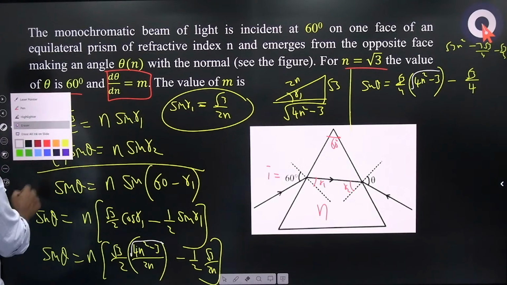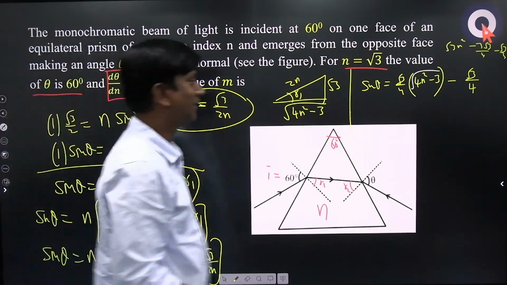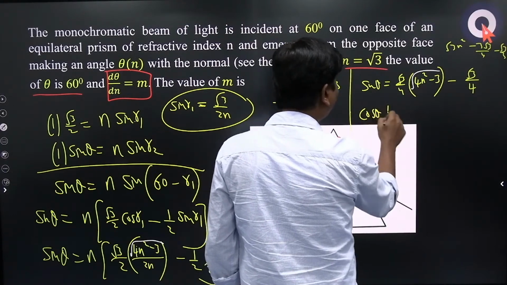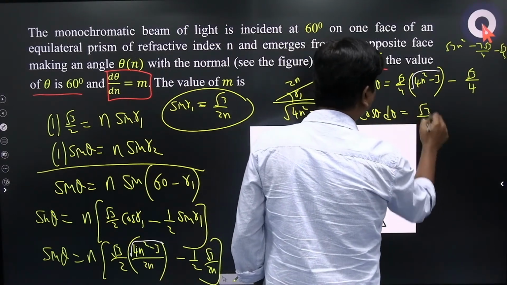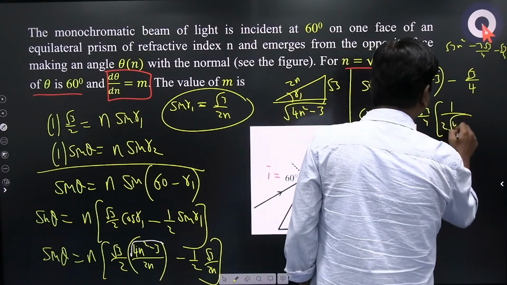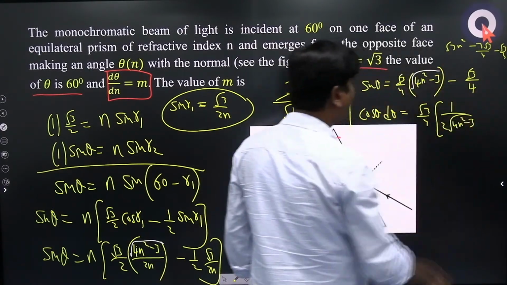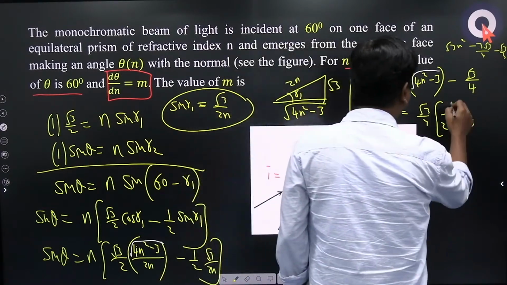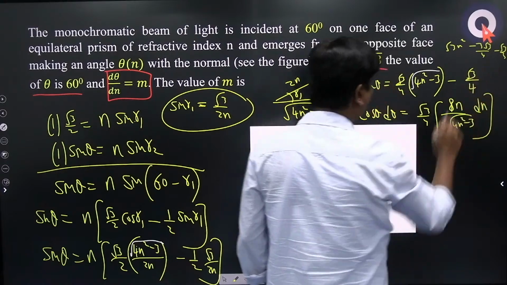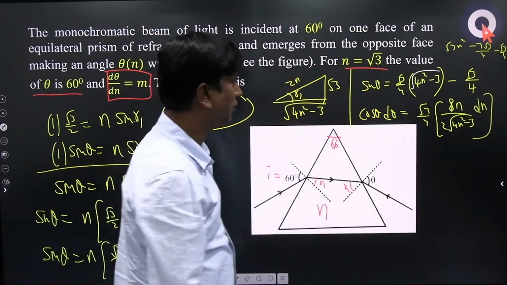Now just try to simplify again. So cos theta into d theta is equal to root 3 by 4 into root of 4n square minus 3, which gives 1 by 2 root of 4n square minus 3 into d of 4n square, which is 8n, and dn. And d of this is anyway 0. Now you try to substitute.